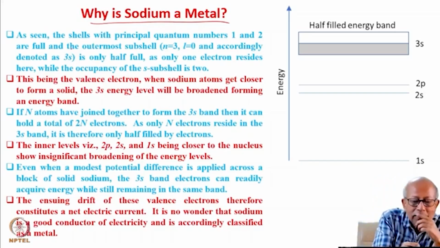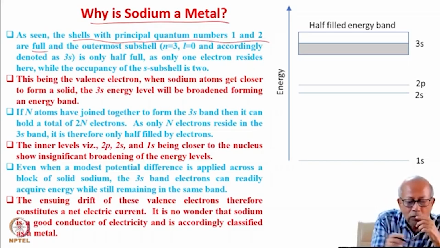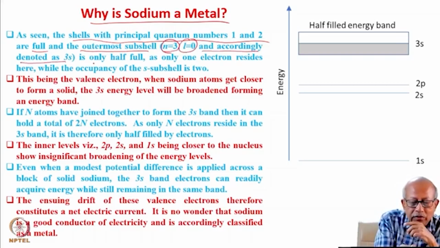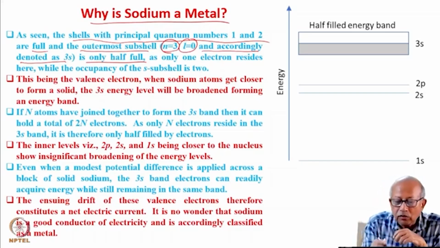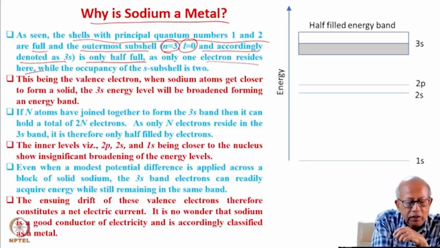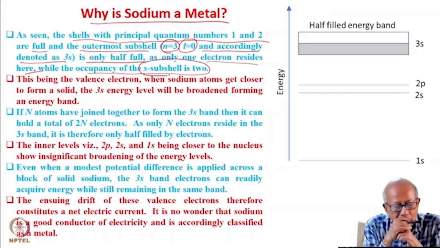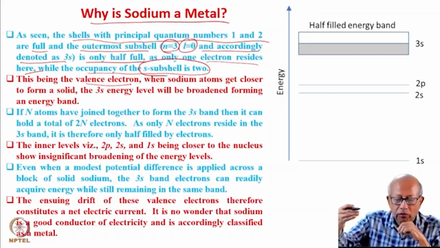So as seen, the shells with principal quantum number 1 and 2 are full for sodium, and the outermost shell, that is n equal to 3, L equal to 0, and accordingly denoted as 3s, is only half full because two electrons can go there, as only one electron resides there, while the occupancy of the s subshell is 2. Now this being the valence electron, this is the outermost electron.